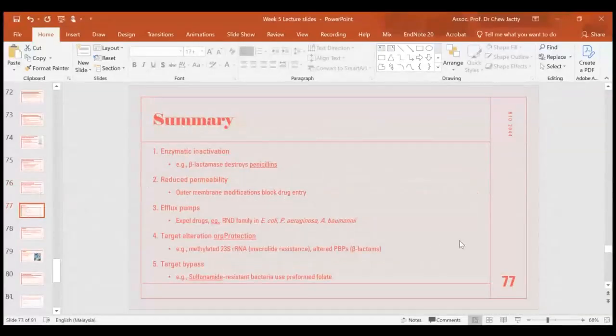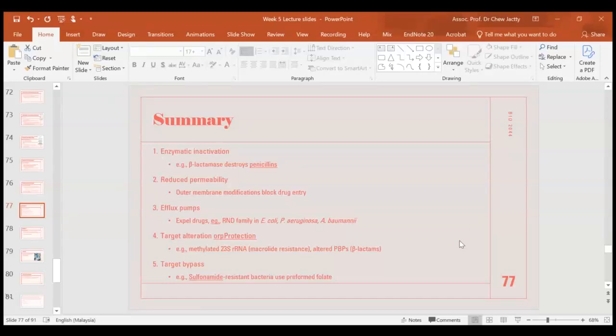So very quickly as a summary, we talked about the antibiotic resistance mechanisms of bacteria. They can inactivate the antibiotics through enzyme activities. They can reduce permeability to antibiotics. They can use active transport and efflux pumps to pump antibiotics out.